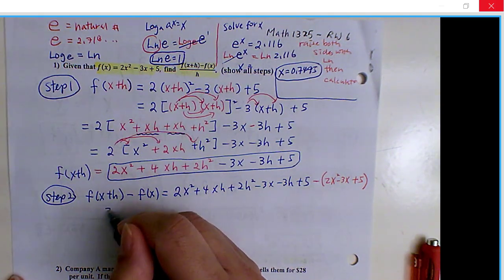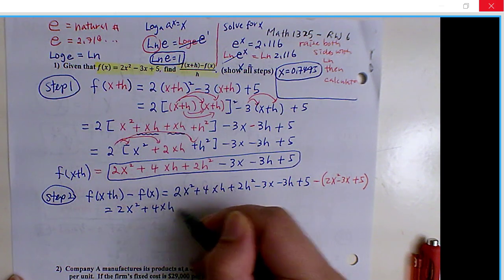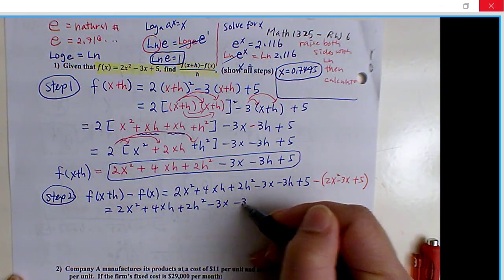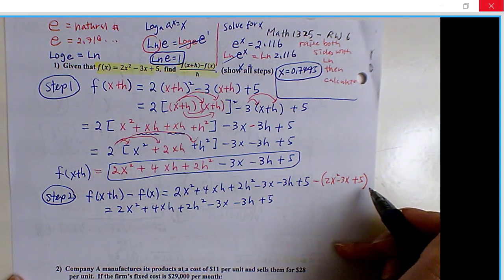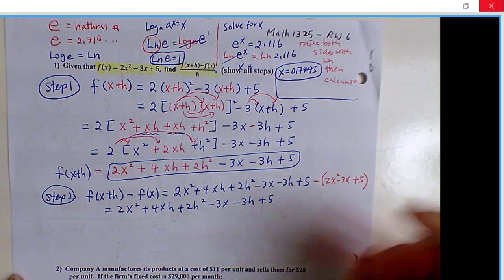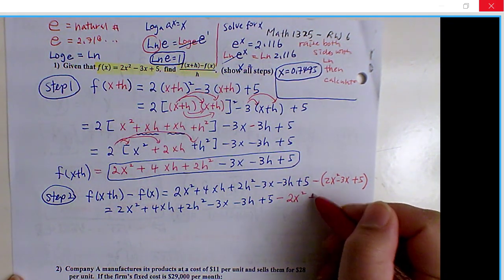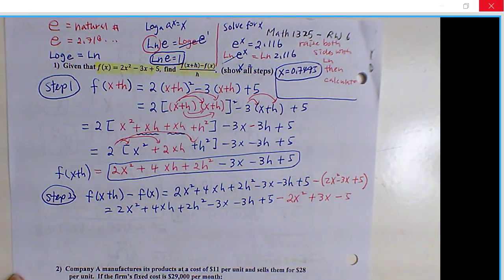So I'm going to write out the step one more time: 2x squared plus 4xh plus 2h squared minus 3x minus 3h plus 5. Then distribute the negative inside. That would give me minus 2x squared plus 3x minus 5. So change their signs, right?